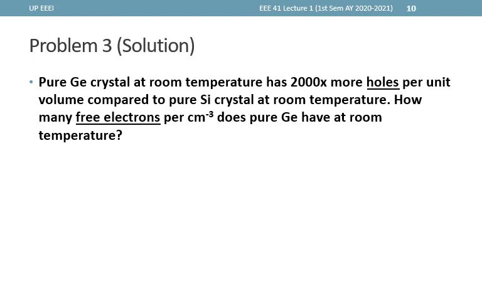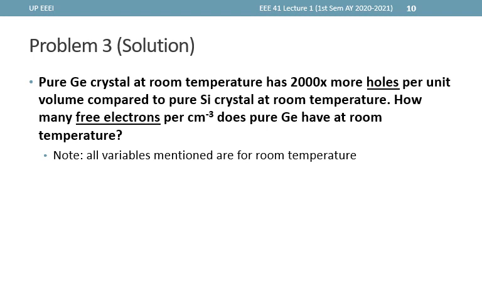For the solution, we note first that all variables mentioned are for room temperature. So in the given, it is said that a pure germanium crystal at room temperature has 2,000 times more holes per unit volume compared to a pure silicon crystal, again, at room temperature.